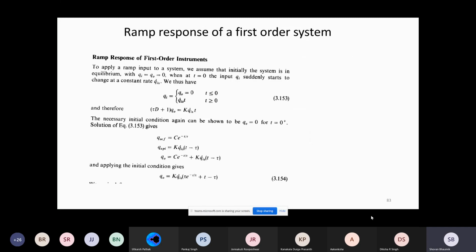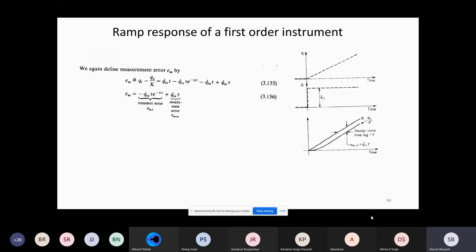To apply a ramp input to a first order system, we assume that initially the system is in equilibrium, that means Qi is 0 and Qo is 0. So at t equals 0, Qi suddenly starts increasing. We can write that if t is less than 0, Qi equals 0; if t is greater than 0, Qi equals Qis dot times t. Here Qis dot is some constant value, basically the slope.